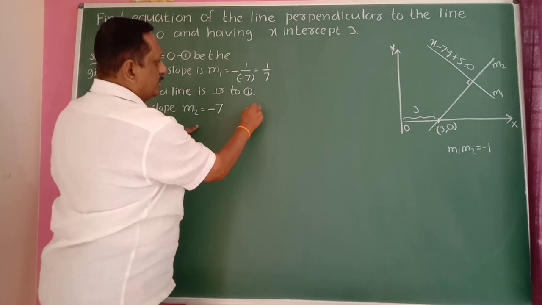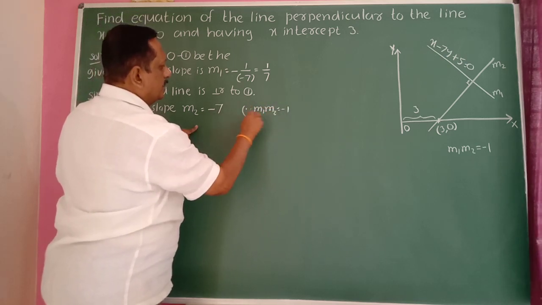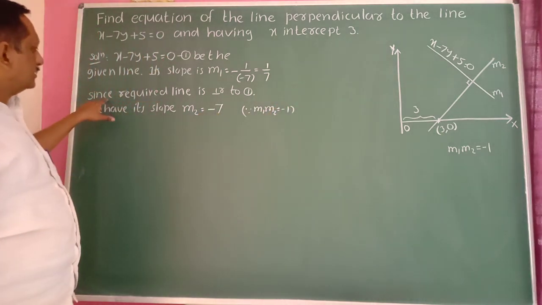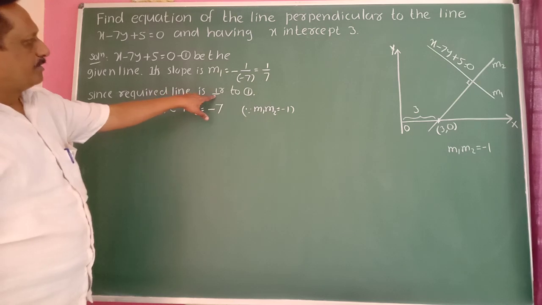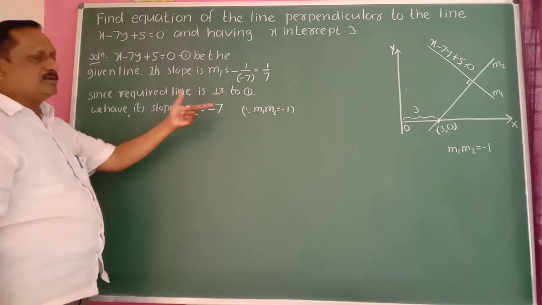You know this condition: if m1 m2 is equal to minus 1, then only the two lines are perpendicular to each other. Hence the required line has slope m2 is equal to minus 7.